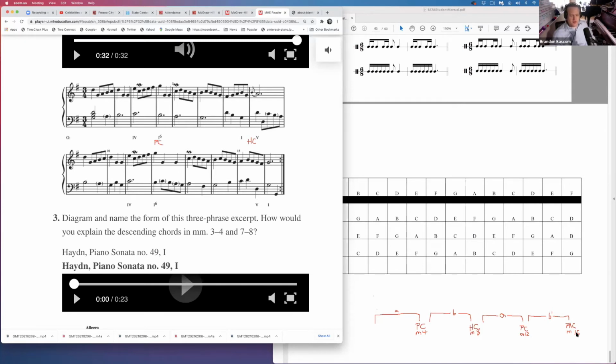What kind of a period did we have on Ode to Joy? It started with a P. We had a parallel period because they started with the same melodic material. And this has the same melodic material. So what we have is a parallel double period.